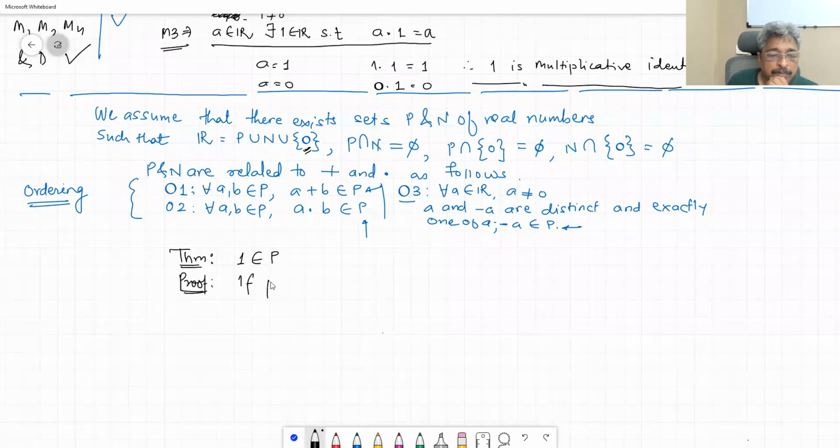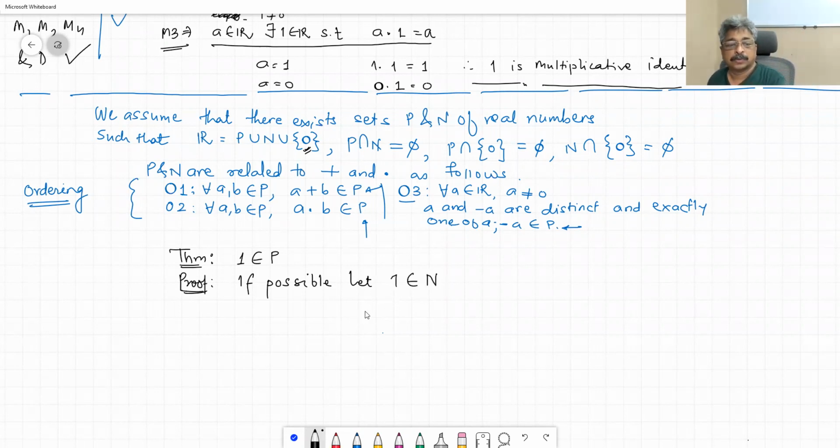If possible, let 1 belong to N. By O3, opposite of 1 belongs to P, correct?